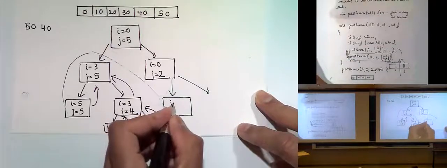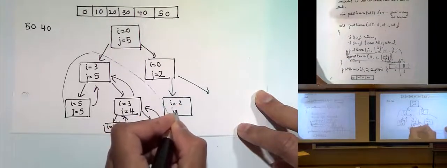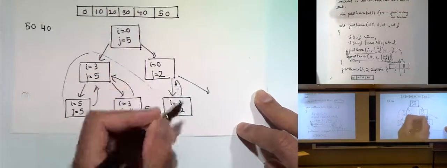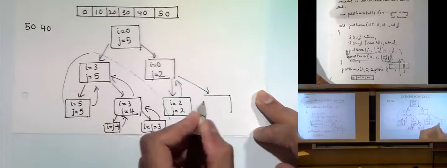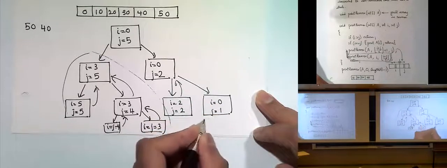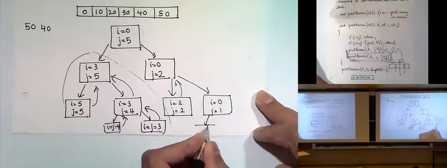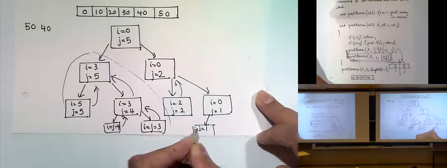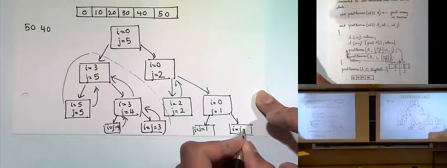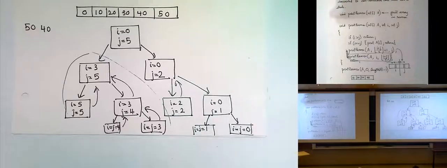It's going to be i is equal to 2 and j is equal to 2, which then returns. And then we have i equal to 0, j equal to 1, which then makes two calls: i equals j equals 1, and i equals j equals 0. So am I doing this right?